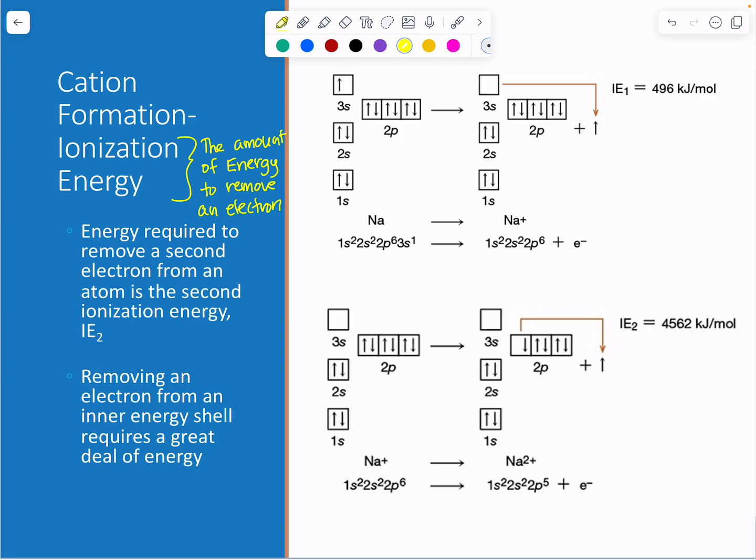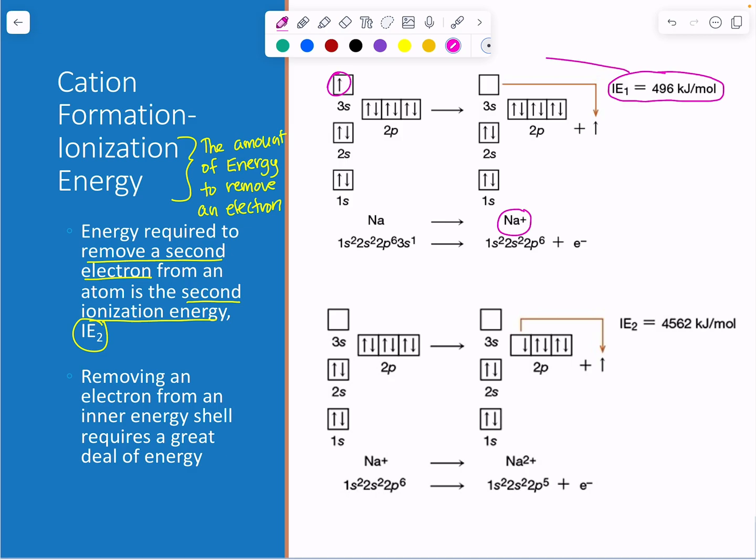What we call the second ionization energy, or IE2, is how much energy is required to remove a second electron. In the case of the sodium ion, remember sodium is in group 1A, so this kind of ion right here, the Na+1 ion, is what you're used to, what will normally happen. It takes 496 kilojoules per mole to remove this electron here.